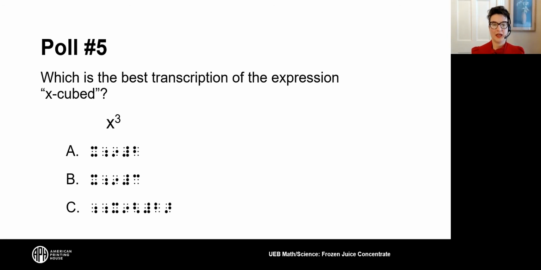And answer choice B has the dots 3, 5, followed by numeric indicator, dots 1, 4. Answer choice C starts with a grade 1 word indicator and is followed by X, superscript indicator, opening Braille grouping indicator, number 2, closing Braille grouping indicator. And we're looking for the best transcription of the expression X superscript 3.